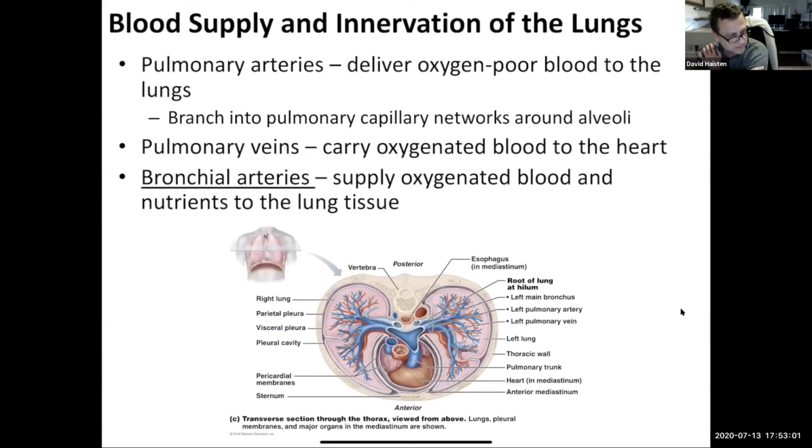Okay, so blood supply. We know that the pulmonary arteries and veins have to do with the pulmonary circuit. The point of that is to pick up oxygen. However, the systemic circuit also brings blood to the lung tissues, because the lungs need nutrients.